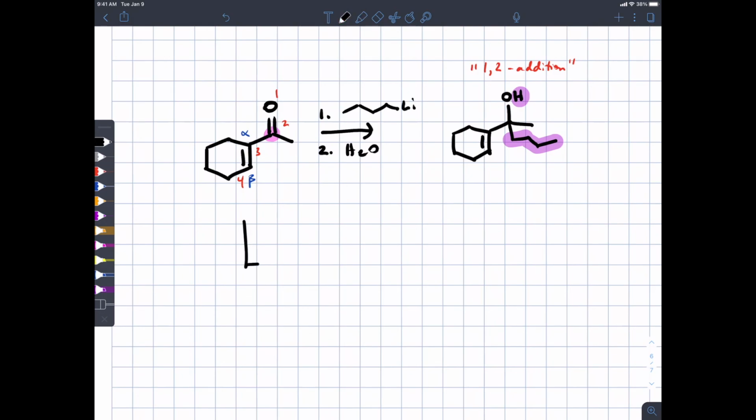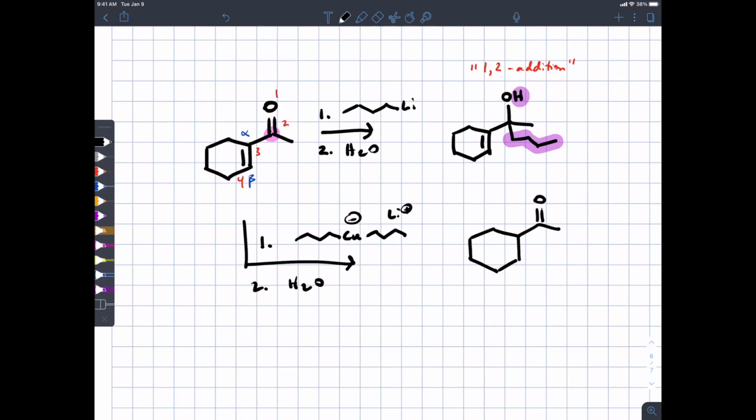In contrast, if you use the cuprate, you will instead add the nucleophile at the beta carbon.